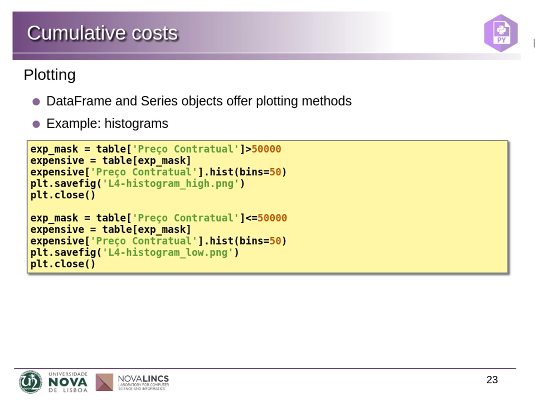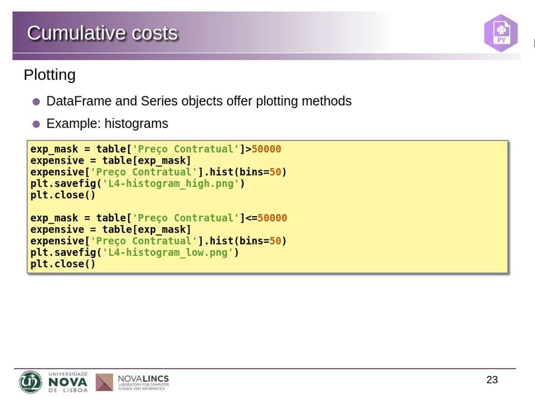And then we can do histograms. For instance, we can select all those contracts with more than 50,000 euros in price, and then do the histogram of those values. So in this case, I'm creating a mask with true and false, depending on whether the price is greater than 50,000.